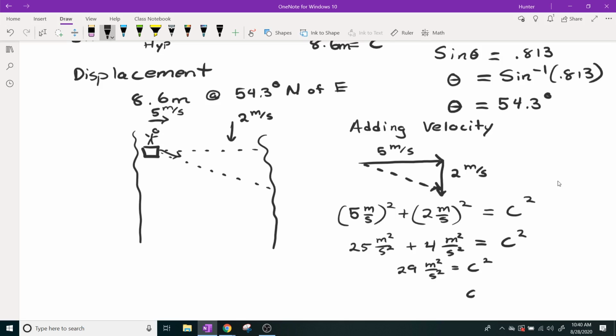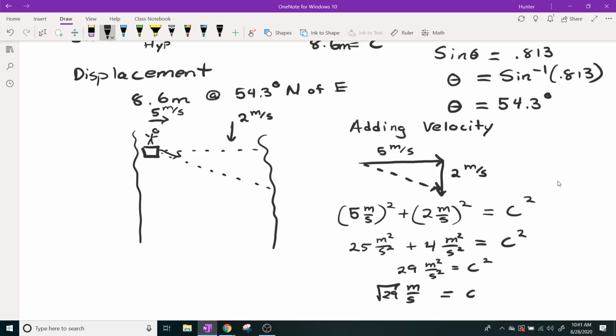So when I take the square root, I'm going to get the square root of 29 meters per second. I can pull that out since the square root of meter squared is just a meter, and the square root of second squared is just a second. This also lets me know that this equation is dimensionally accurate because I get a speed or a velocity on the other side. So the square root of 29 is a decimal.